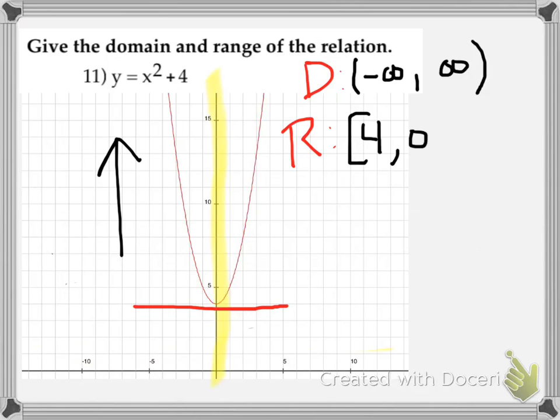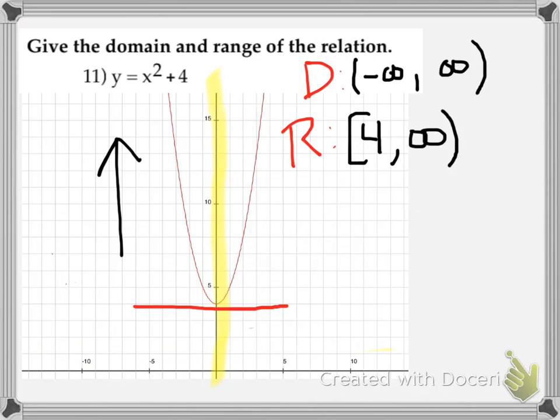So my range goes from 4 to positive infinity, and I'm going to put parentheses because positive infinity is not an exact point. It's rather a destination. It continues on and on and on. So the bracket signifies a stopping point that we're including. The parenthesis in this case signifies a point where we should stop. So here we have the bracket and the parenthesis. So this is again my domain and my range.